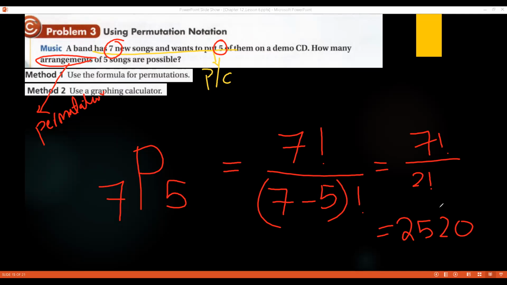Miss, I didn't understand when we will use permutation and when combination. For the permutation, until now we talk about permutation only, which I asked you about how many arrangements. I asked you about things that are arranged, things that are put in order.